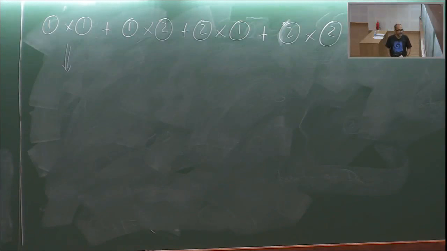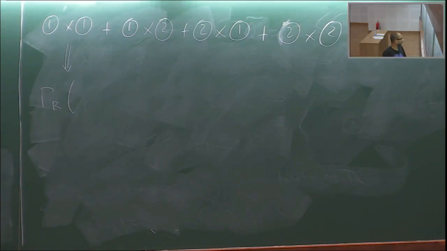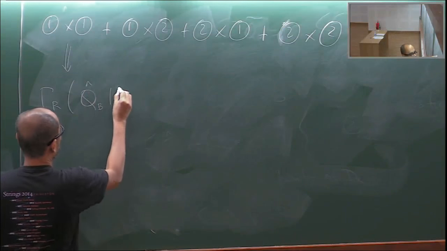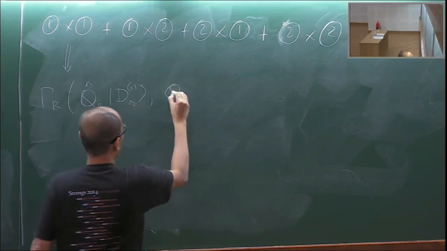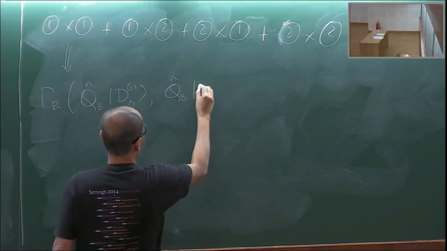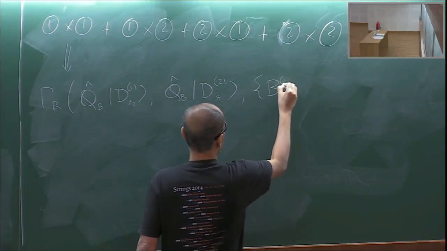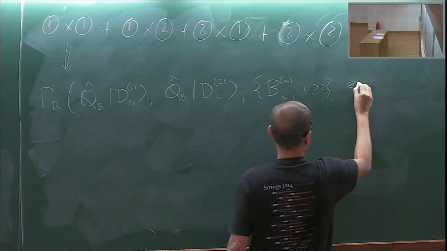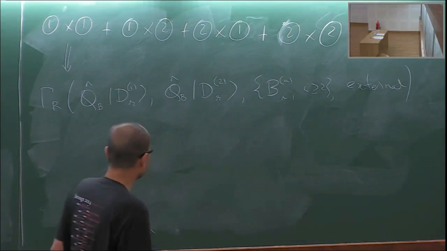Here let's look at what are the arguments of gamma R. The first argument is QB hat D1R, then QB hat D2R, then the set of BAI for I greater than or equal to 2 and external. This of course is 0.